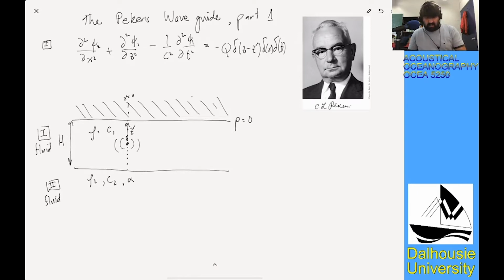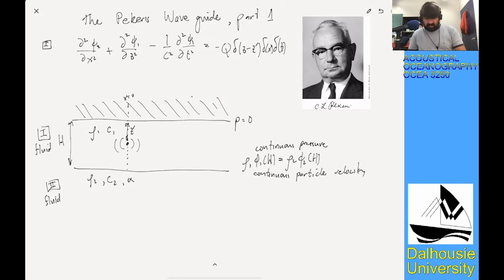First of all, we need continuous pressure, and we need continuous particle velocity. Of course, we talked about why that was. We wanted to avoid ripping apart space, so we need finite forces over infinitesimal distances.